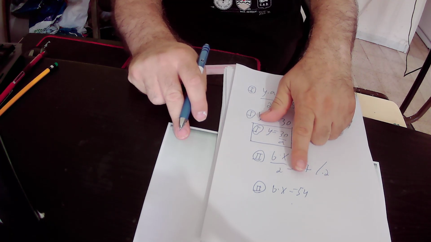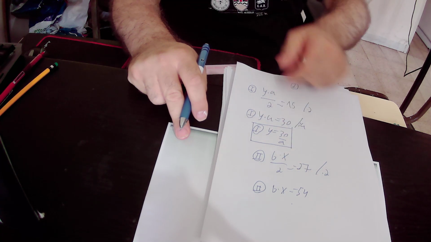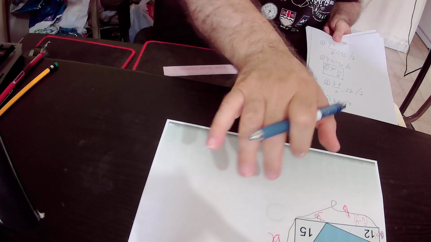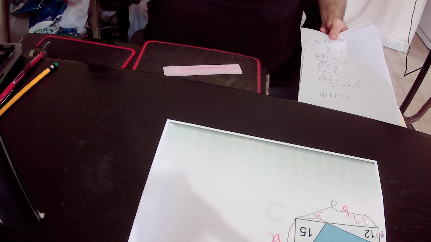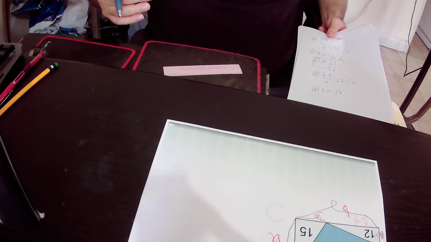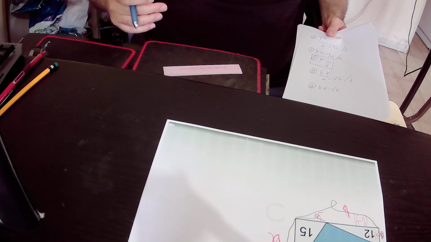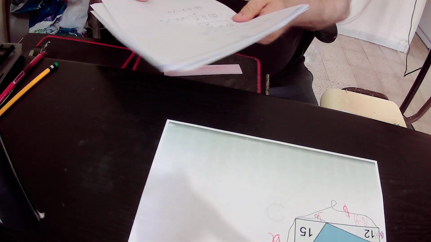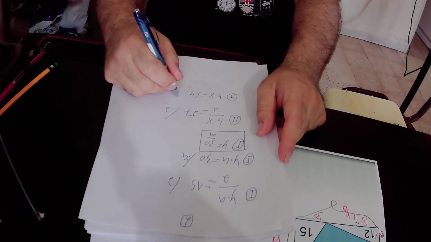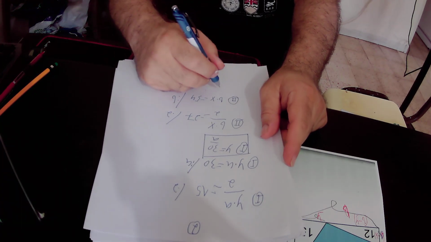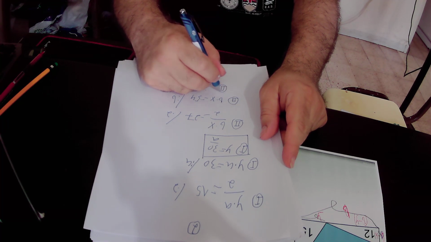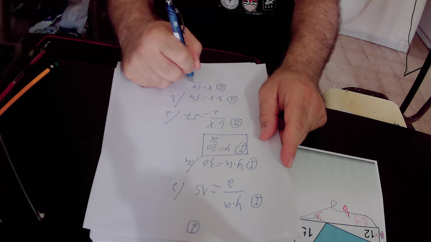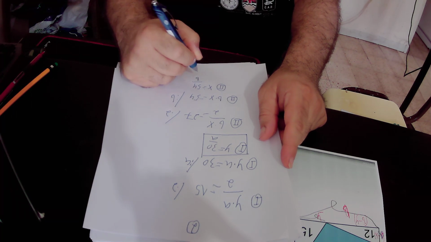Now we can divide both sides of the equation by b, because b is the length of the rectangle. It can never be 0, it must be positive. So it is allowable to divide both sides of the equation by b. So we will get that x equals 54 over b.